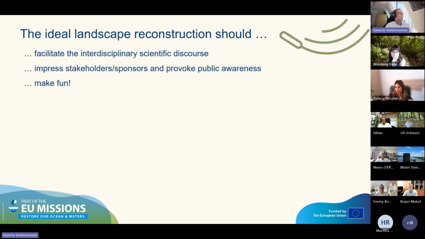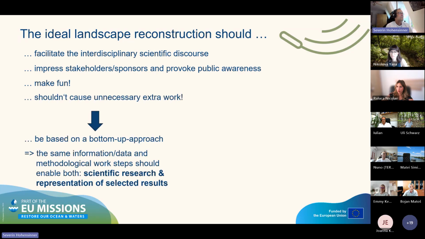The ideal landscape reconstruction should, of course, be able to fulfill all these aims: to facilitate the interdisciplinary scientific discourse, to impress stakeholders and provoke public awareness, but it should also be fun for the colleagues who do this job.